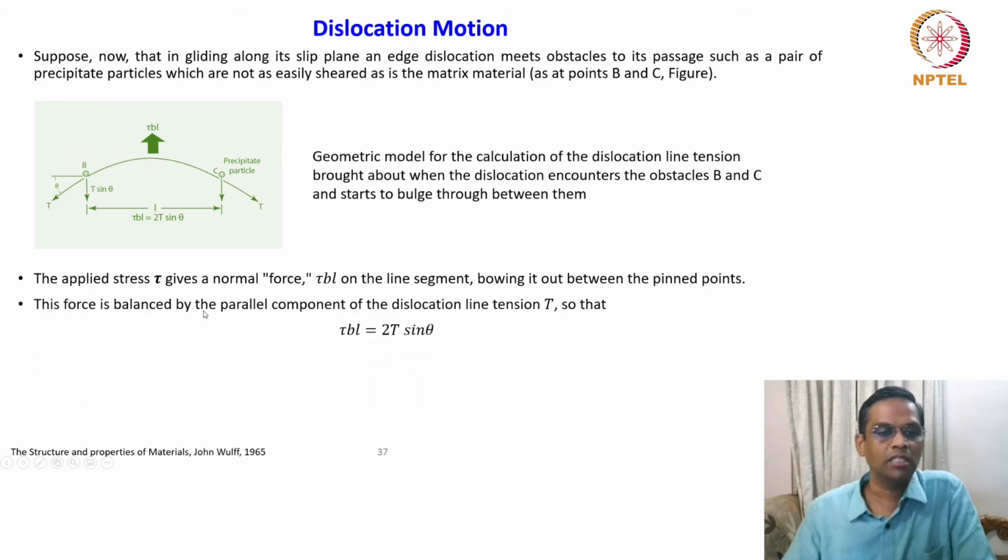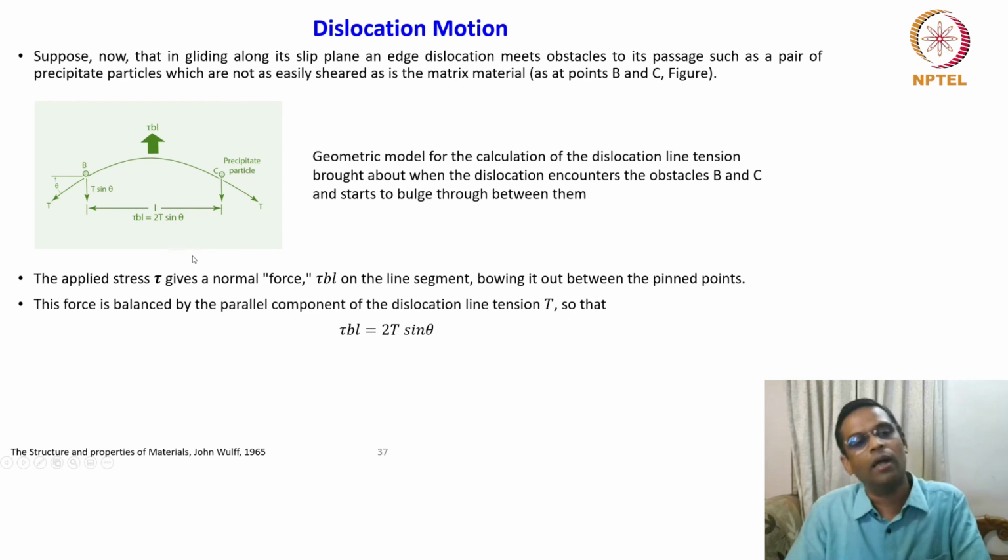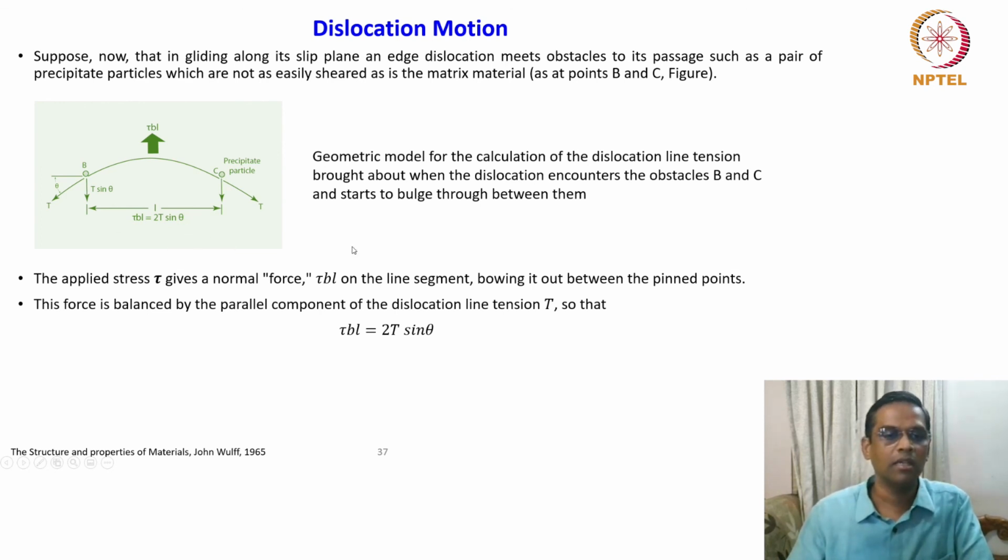on the line segment, bowing it out between the pinning points. This force is balanced by the parallel component of the dislocation line tension. What is the parallel component? This is T, and the parallel component is T sin theta. We have two such terms, so it is 2T sin theta. So tau BL is equal to 2T sin theta. Simple force balance, right?